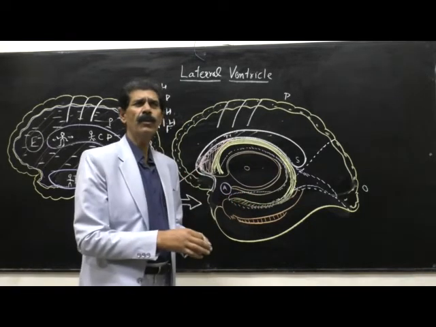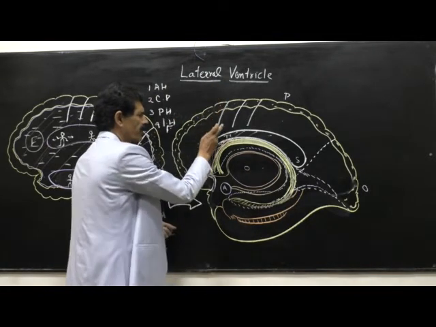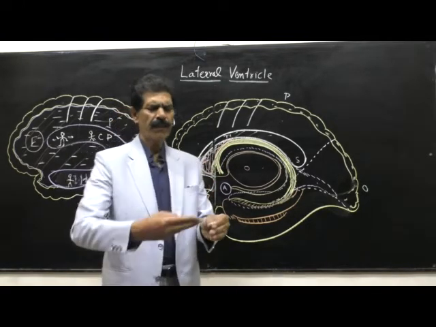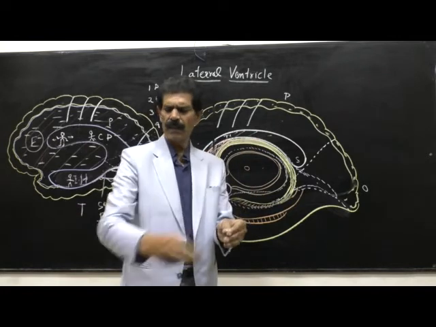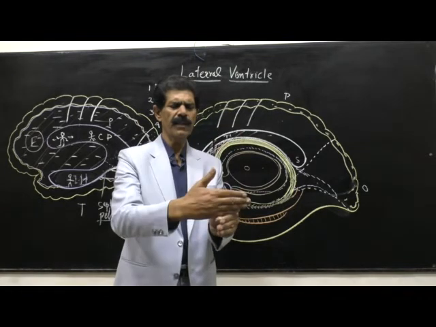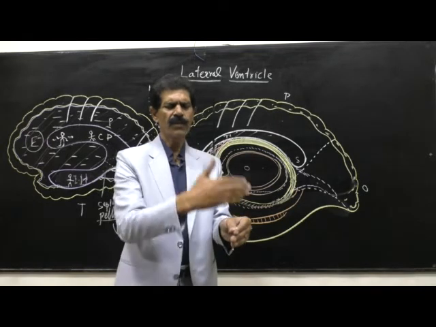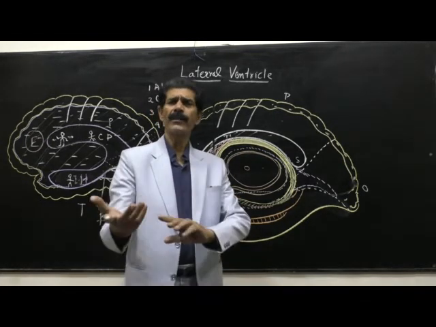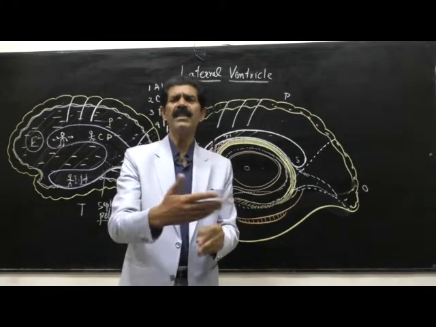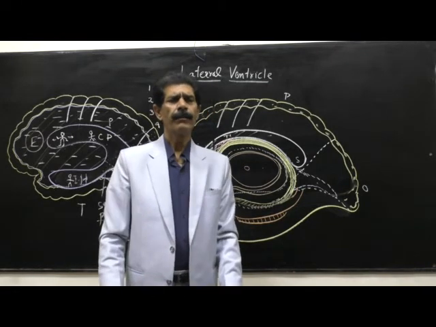Another thing you have to consider is the coronal section of the cerebrum, cut like this, through the anterior horn, the central part, inferior horn, and the posterior horn. So the two diagrams, the sagittal and the coronal section, will explain the boundaries of the lateral ventricle.